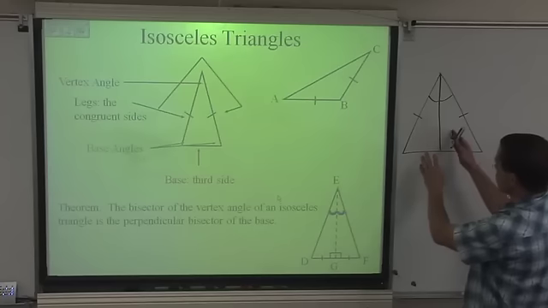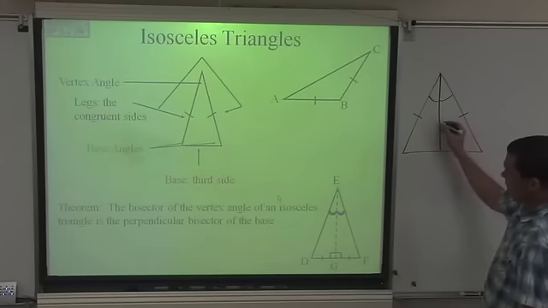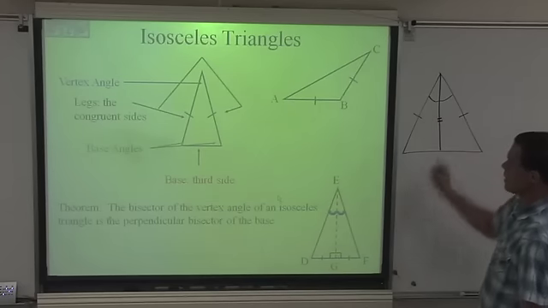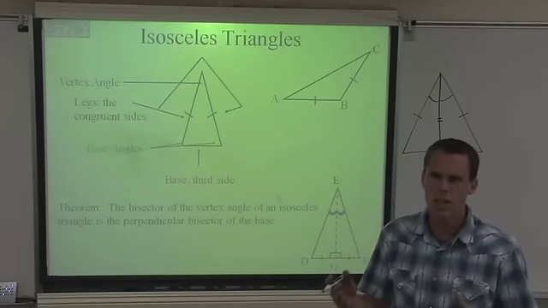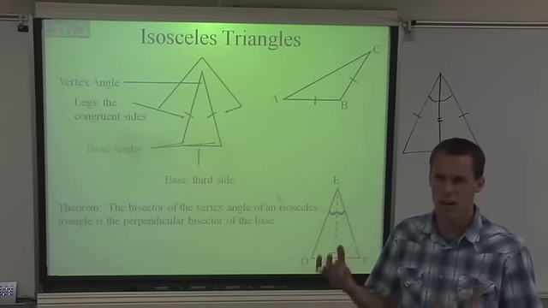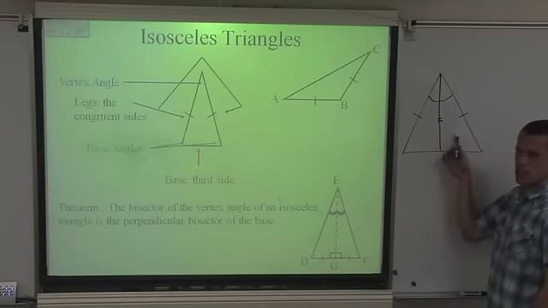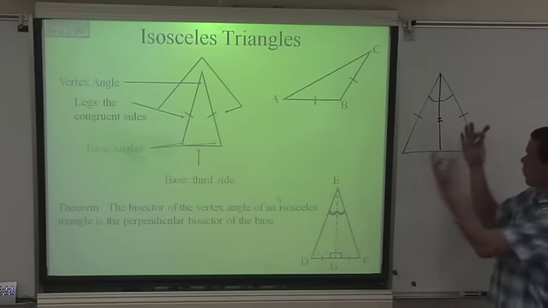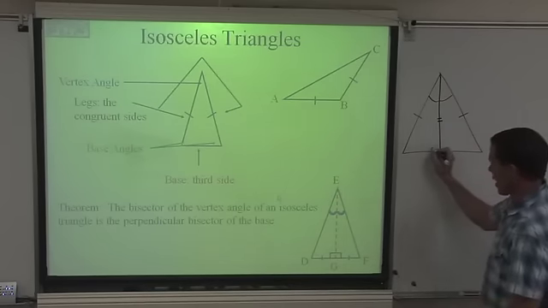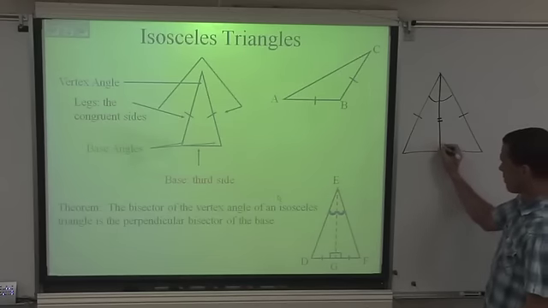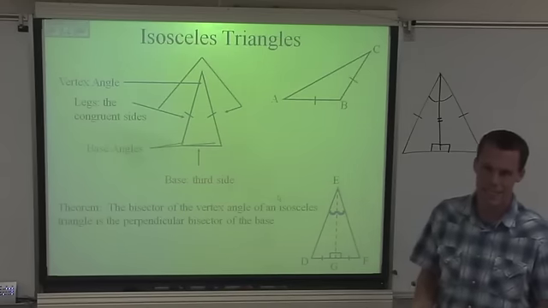If I look at this picture, I notice that these two sides are the same, these two angles are the same, and this little side here in the middle is shared, so it's obviously congruent to itself. We should be able to see that these triangles are exactly the same. This triangle is the same as this triangle. We can fold it on top of itself. So if these two angles have to be exactly the same, they both have to be 90.